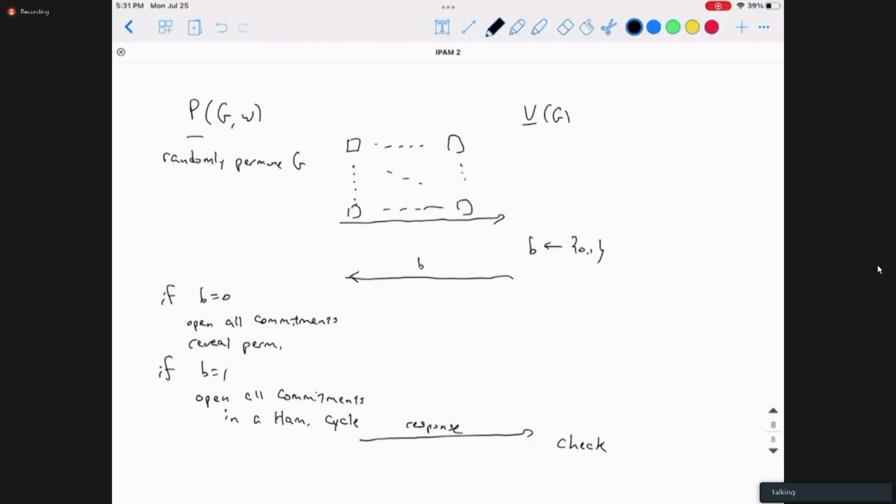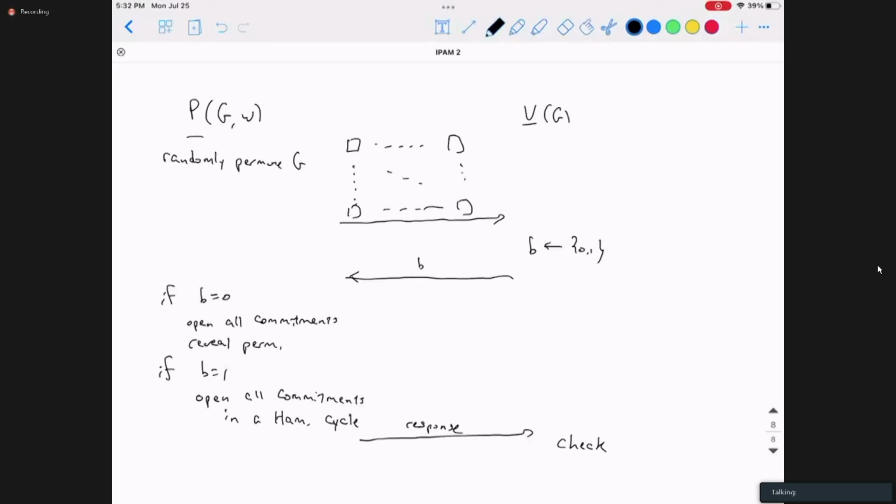Okay? Now, just thinking about this before I prove anything about it, right? Why is this convincing at all to the verifier? Well, it's convincing to the verifier for the following reason. What I claim is that it's impossible for a prover to convince a verifier to accept with probability 1 unless the graph has a Hamiltonian cycle. Why is that the case?